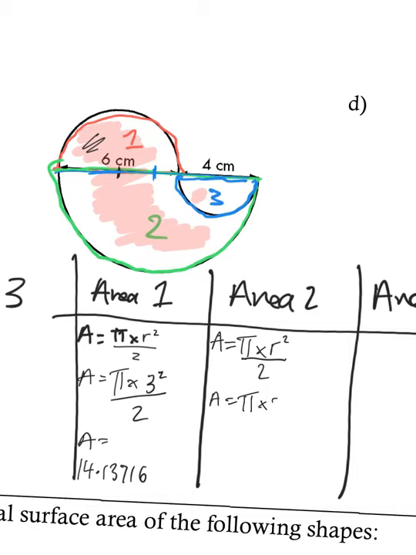So we're going to have a radius of 5 squared on 2, which equals pi times 5 squared. Okay, so the area I've got for that is 39.26990.